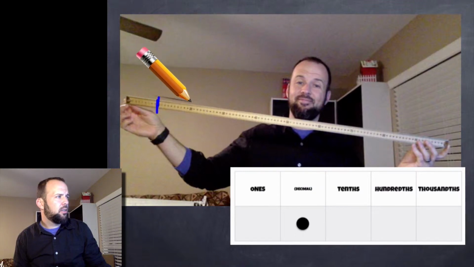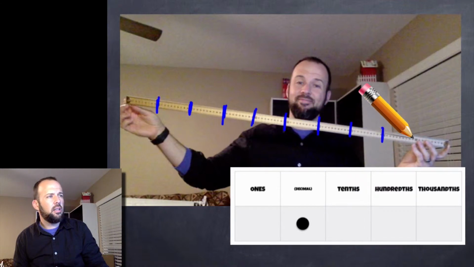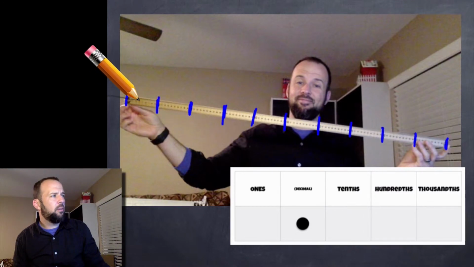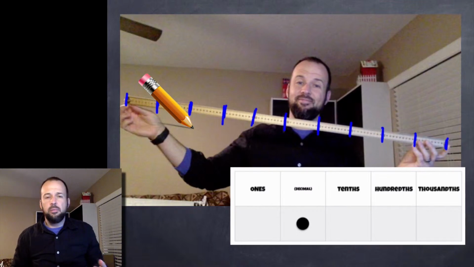So I have 10 here, 20, 30, 40, 50, 60, 70, 80, 90, and then this would be 100 here. So if I were to count up, I have 10 equal spaces among this meter stick, right?